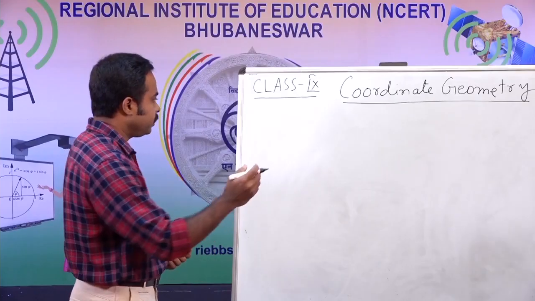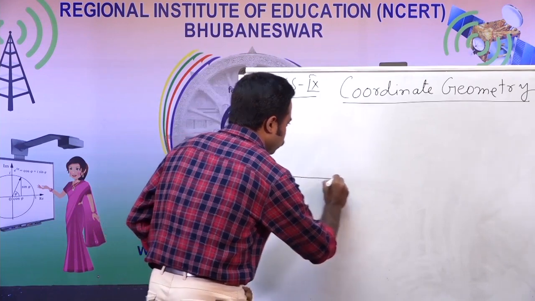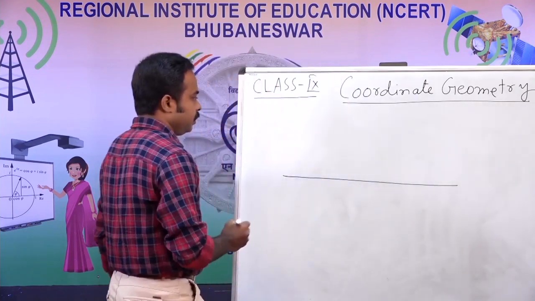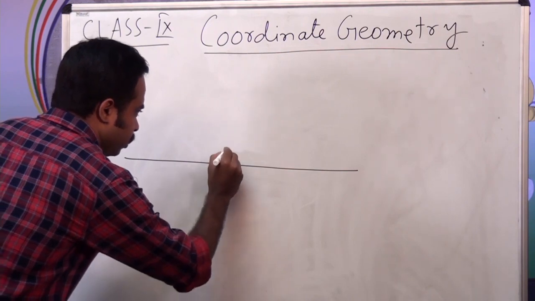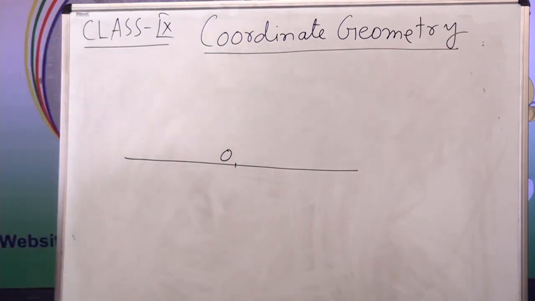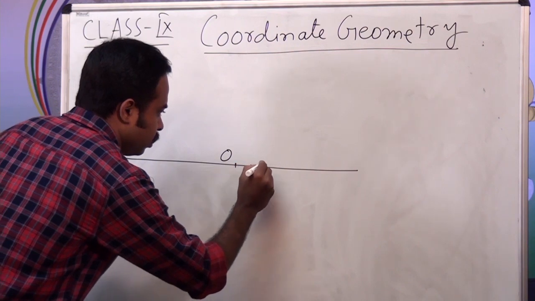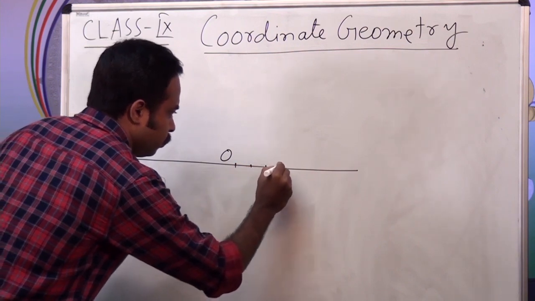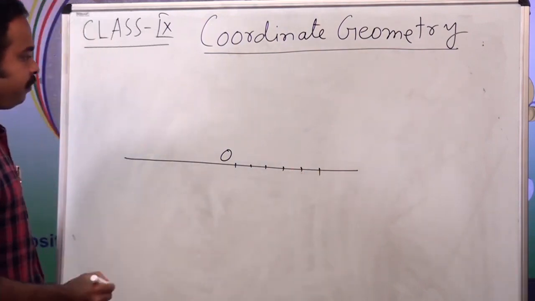So students, you know the number line. This is the number line. We are denoting O as the origin, or this is 0. Now we are taking 1, 2, 3, 4, 5.